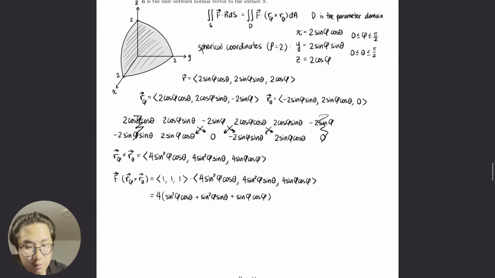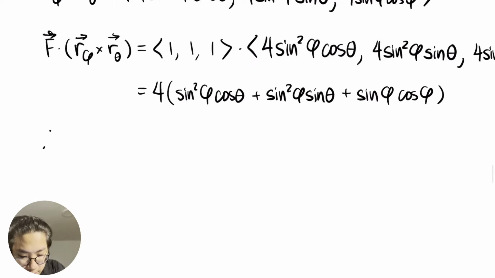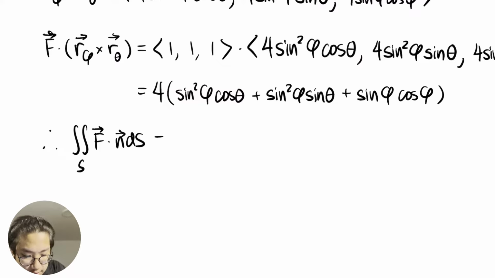Okay, now we can actually make use of this and compute. So we can then conclude, therefore, the surface integral over our surface S of f dot n dS is equal to the following.